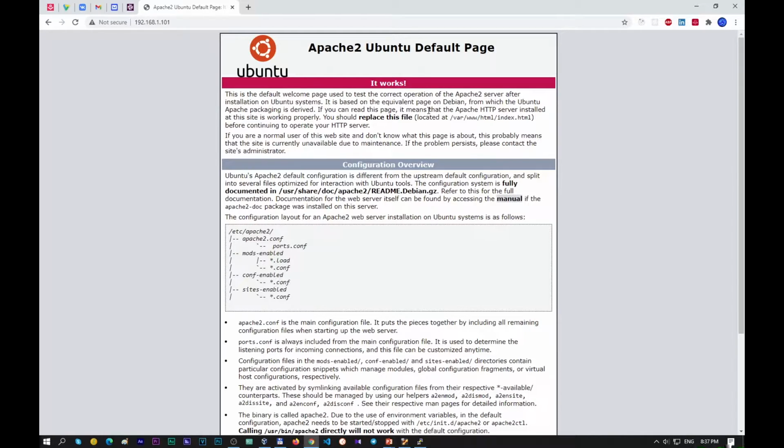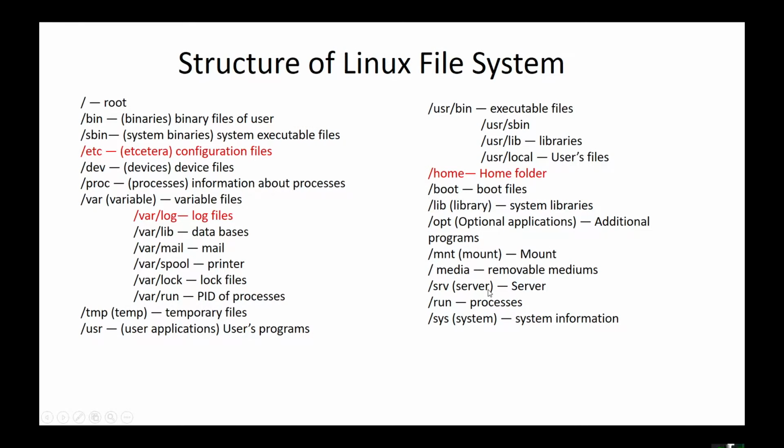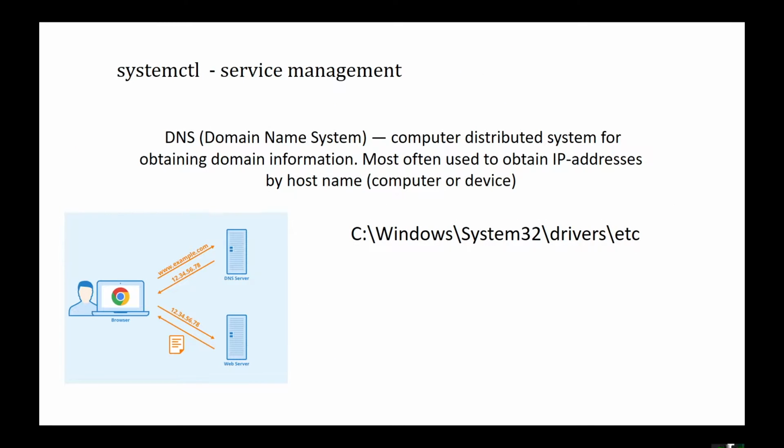But people are not used to typing IP addresses in the browser to access websites. Well, let's talk about what a DNS server is. Let's come back to our presentation. I need to say a couple of words about the domain name system.